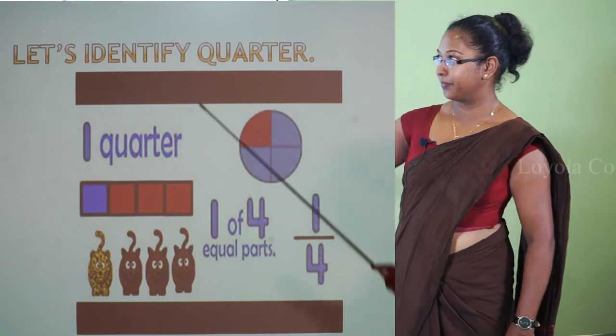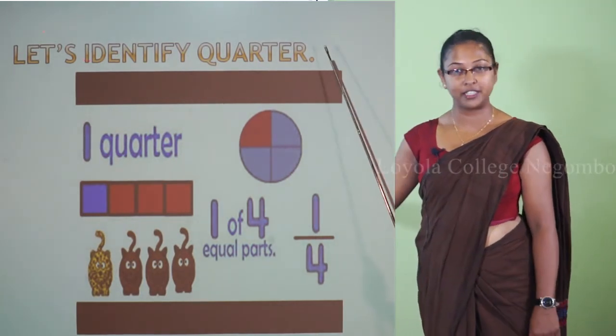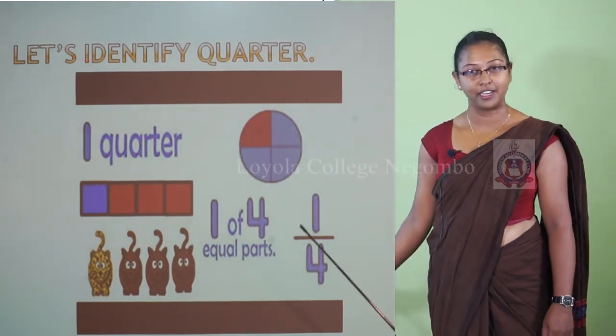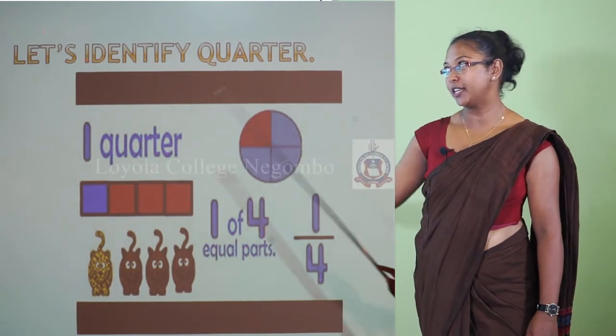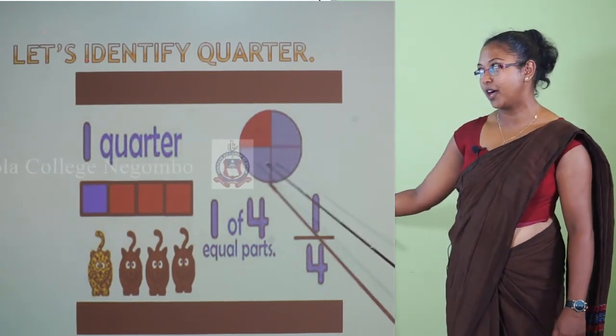Hope you understood well about how to find out a quarter. Shall we do some activities now? Let's look at the board now, Pute. Let's identify a quarter. Now you know what a quarter is. Here 1 quarter means there are 4 parts.